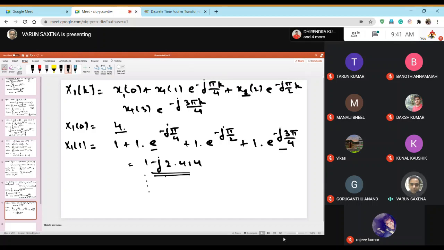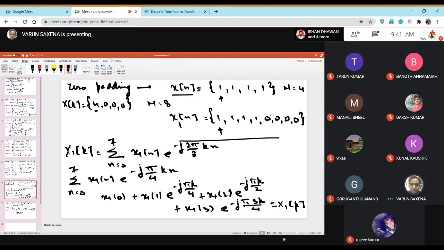And if you remember, I told you that 8 is basically 2 times 4, right? 8 is the length of x1[n], 4 is the length of x[n], and here the multiplication is by a factor of 2.